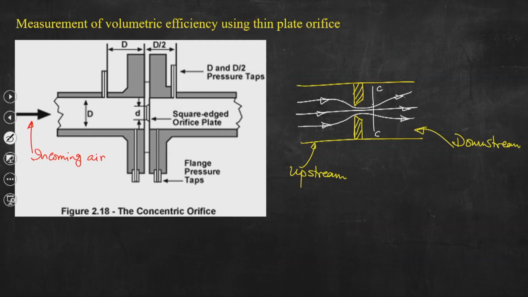If we take one section 1 here, and this is CC, and apply the mechanical energy balance equation, we can write P1 plus half rho V1 square equal to P2 plus half rho Vc square. That is the mechanical energy balance equation that you have studied, assuming we are taking the same datum. I will come to this point later on.